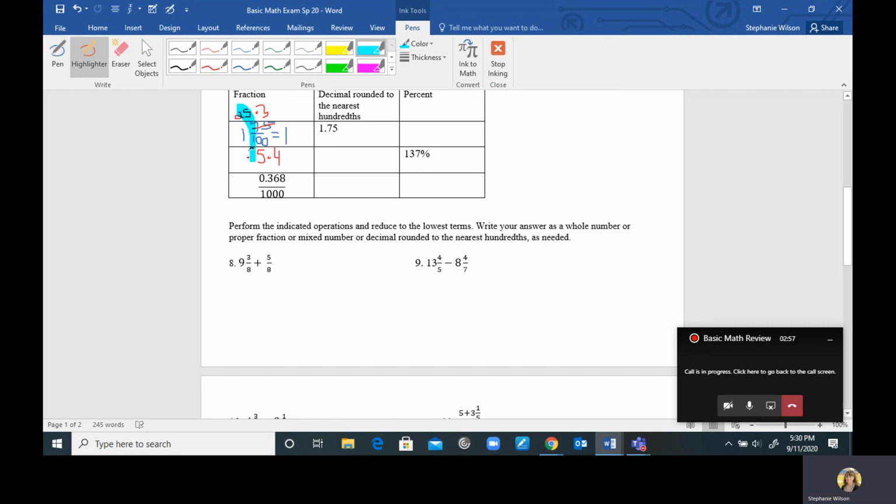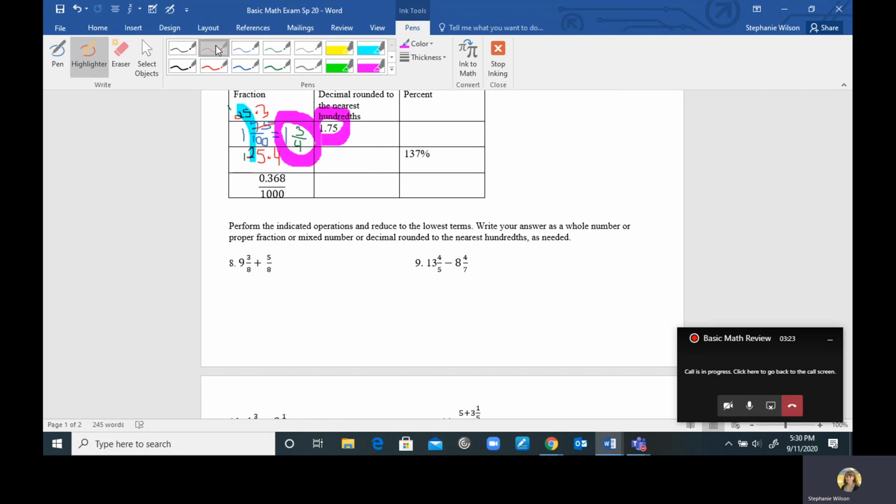I know 25 goes into 25 1 time. So what I have now is 1 times 3 over 4 times 1. And this gives me my final answer. My final answer in fraction form is 1 3/4, which has a decimal of 1.75.